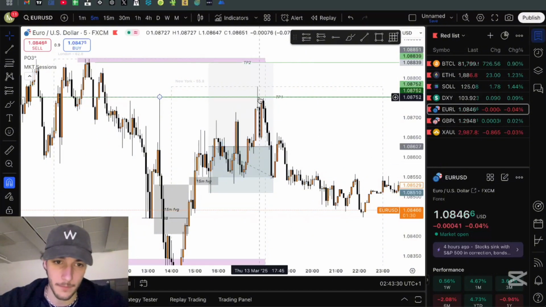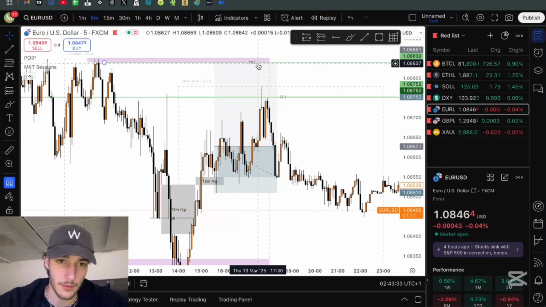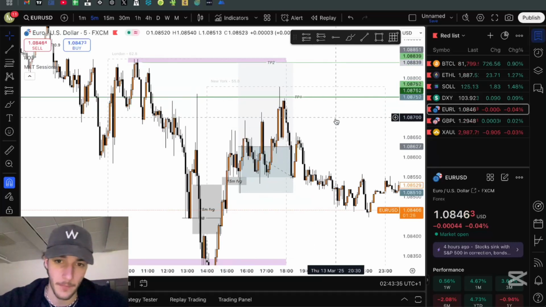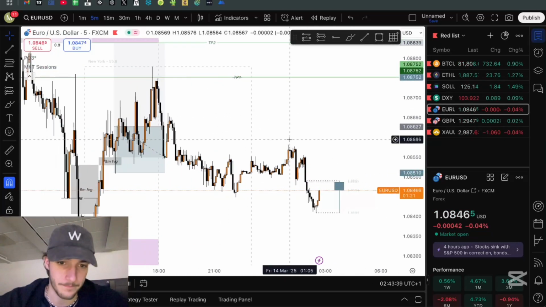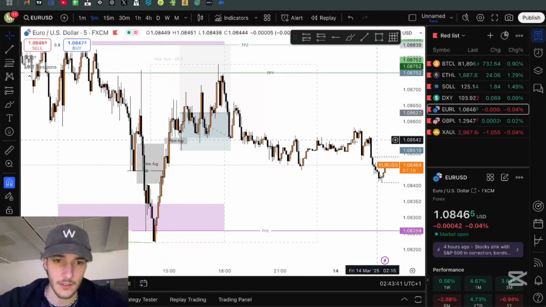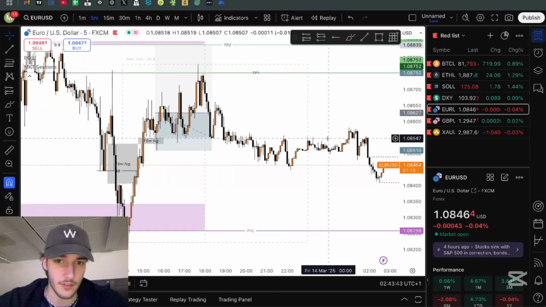Euro, we were chopping, tapped into TP1, did not hit TP2, which were London highs, and then we're just chopping ever since. So that's the day, that's the lessons we learned.